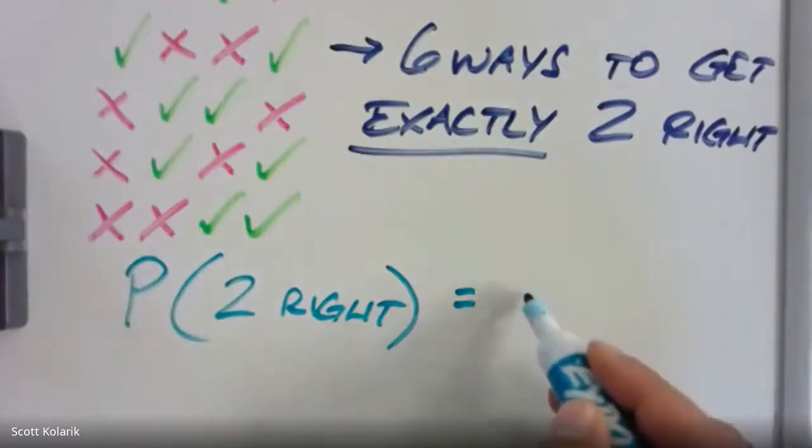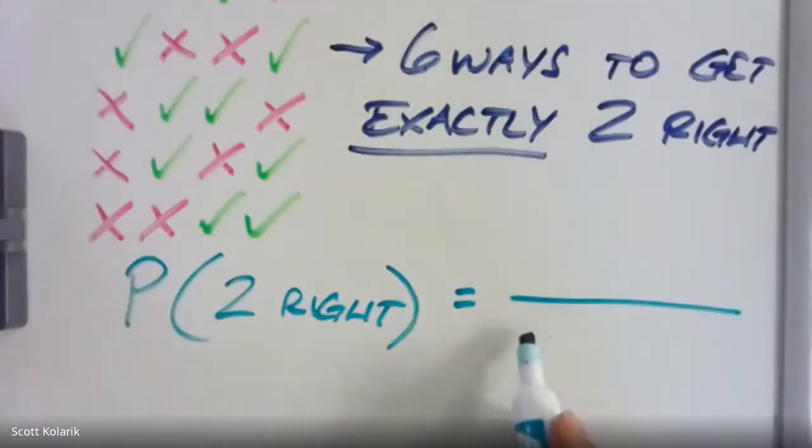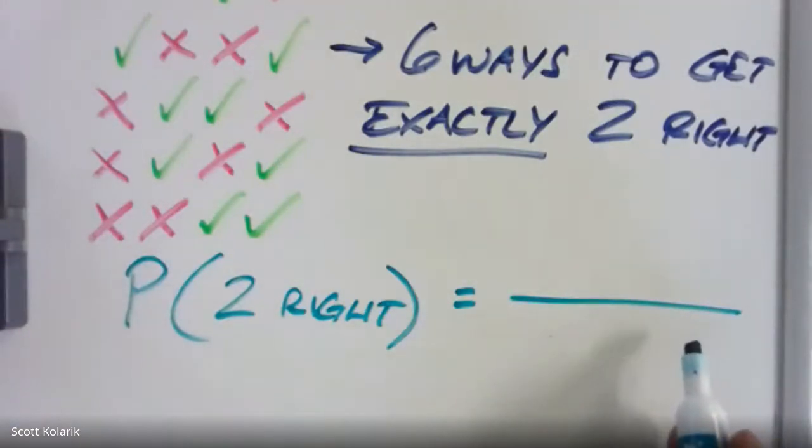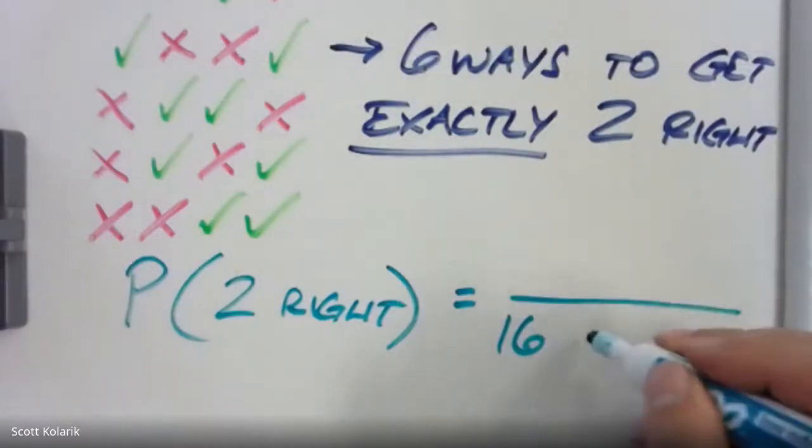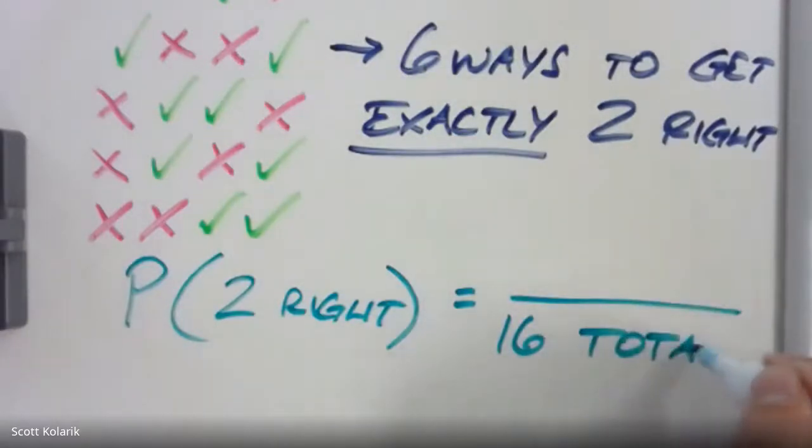So in this case, I'm going to end up with a fraction. On the denominator of that fraction, this will represent the total possible outcomes in this realm of possibility. Being this 4-question quiz, how many different ways can I fill it out? That's what we figured out first. That was finding the sample space. In this case, that was 16 possible outcomes, 16 total ways to fill out this quiz.